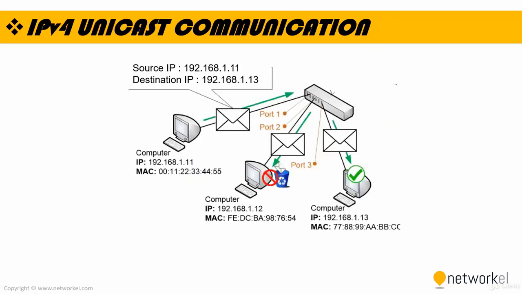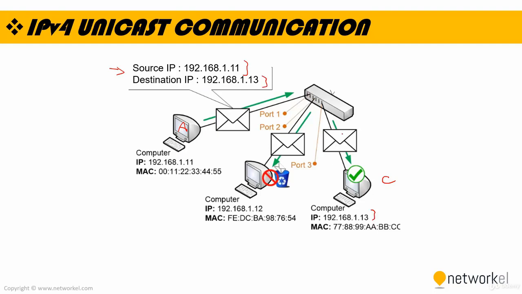So how can I make the IPv4 unicast communication? Let's see that. If computer A wants to communicate with computer C, he's choosing the source IP as his own address and destination IP as PC C's IP.